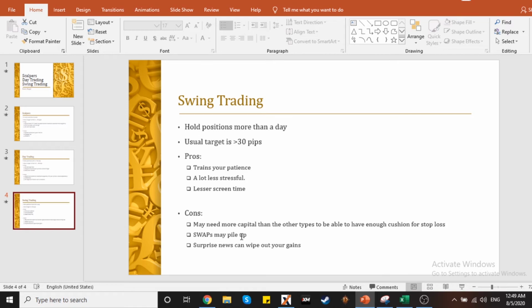Malaki talagang pumip count ang swing traders, right? Anong pros nito? What are the advantages? It trains your patience, mga kanoypi, kasi isipin mo more than a day bago ka mag-close ng position. Sometimes, more than a week bago ka mag-close ng position. So, mga kanoypi, kung hindi ka pa magiging pasensyoso doon, ewan ko na lang.